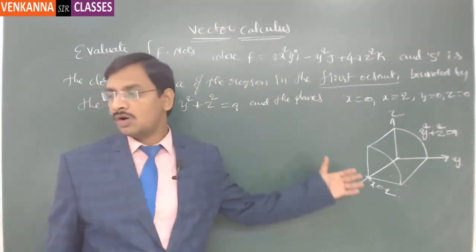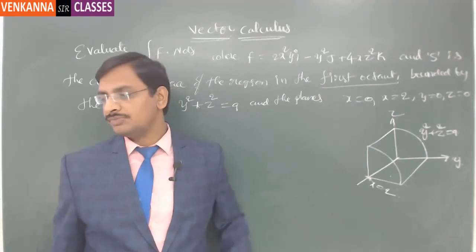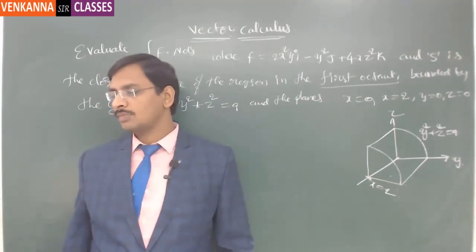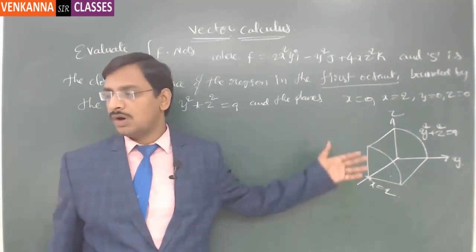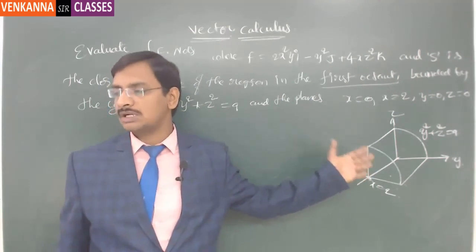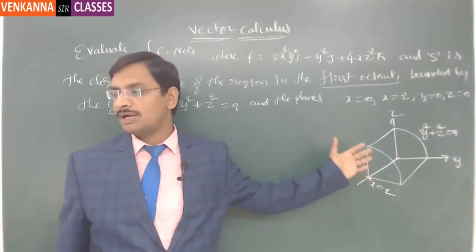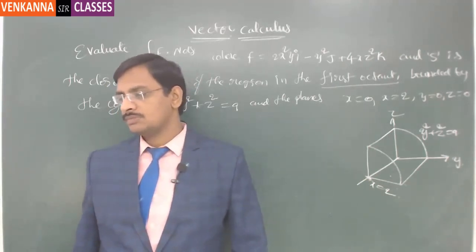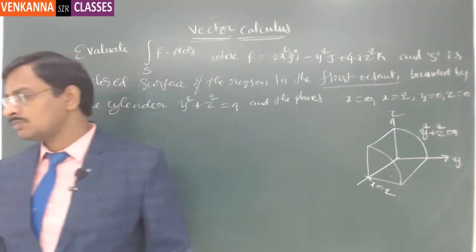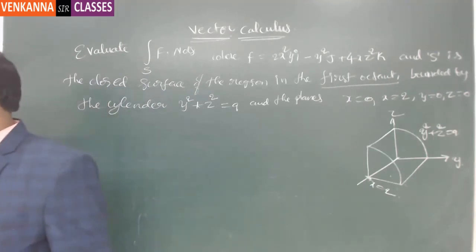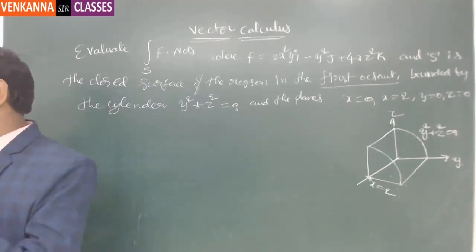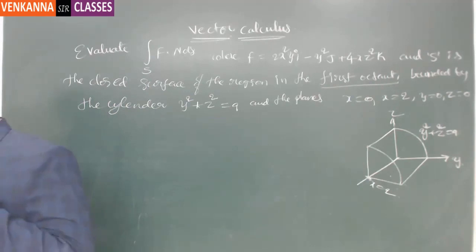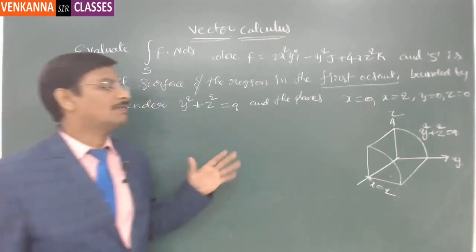Now how many surfaces are present in total? All the surfaces together are enclosing a certain volume. So there are 5 different surfaces.